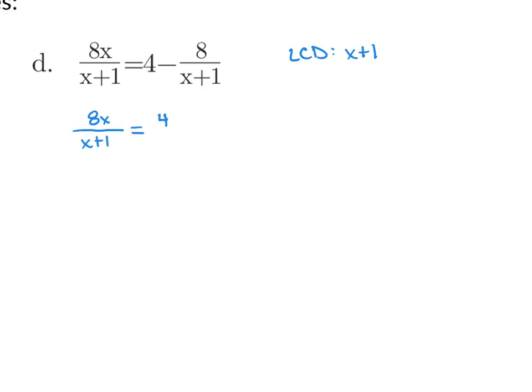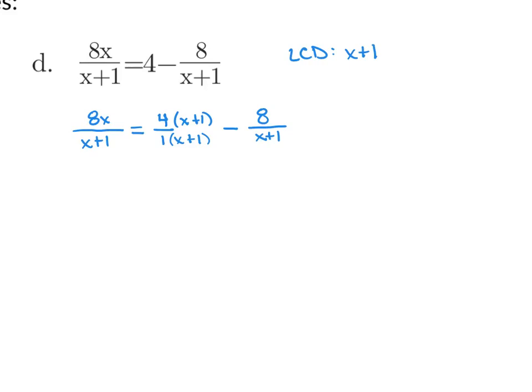4, I'm going to treat it as 4 over 1. And we do not have the denominator. We have a denominator of 1. So I'm going to multiply top and bottom by x plus 1. And the last one, we have 8 over x plus 1. Again, we have the denominator of x plus 1 already, so we don't have to do anything to this one.